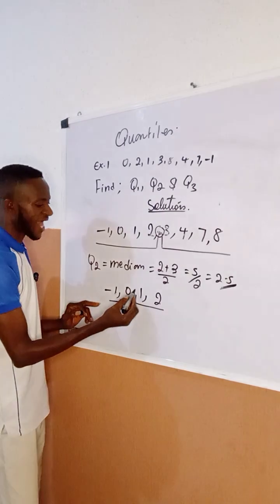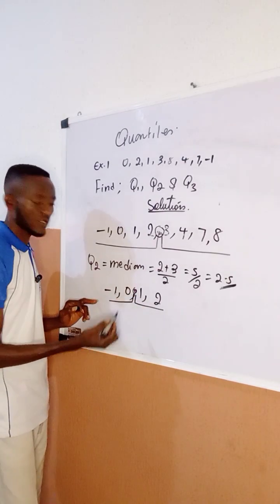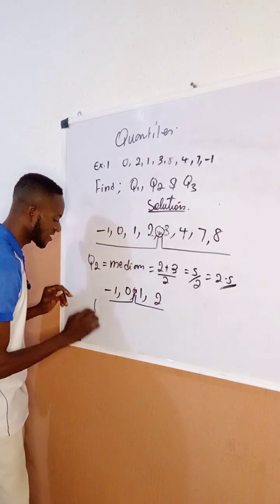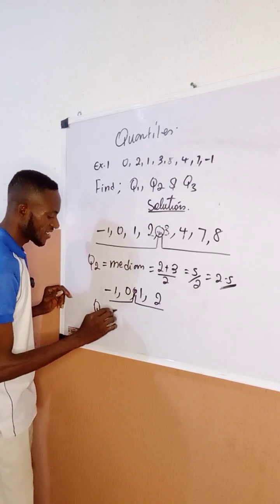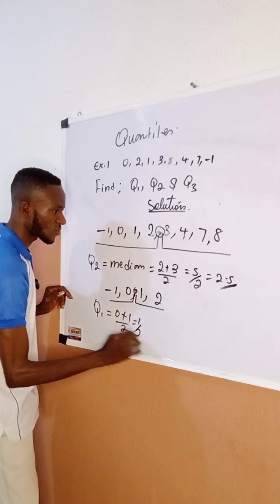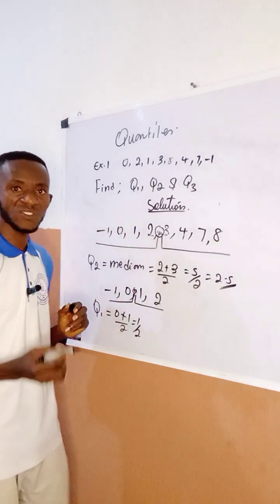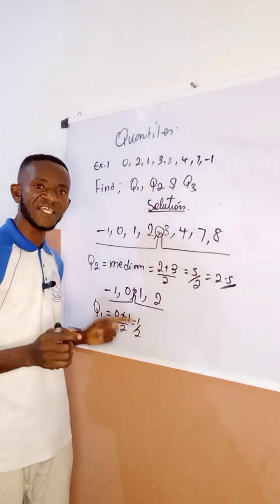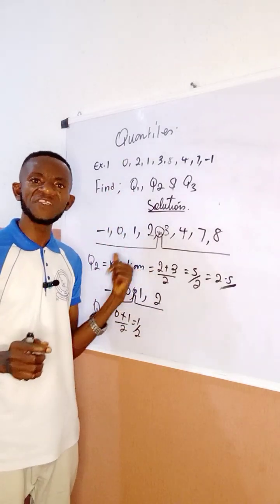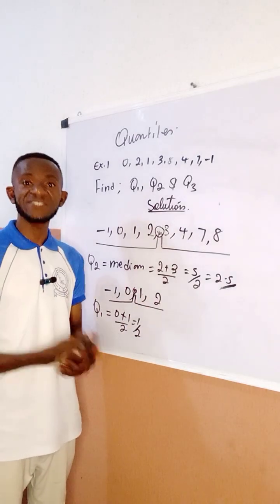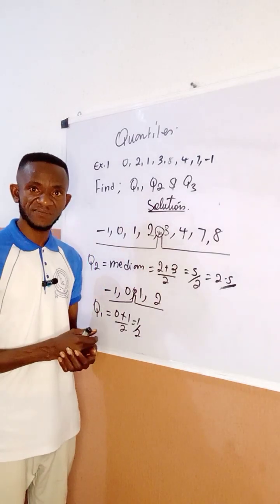And because the center lies here and there is no observation here, we are going to sum these two observations and divide by 2. So we now say, therefore, that my Q1 is given as 0 plus 1 all over 2, which is 1 over 2, which is, of course, 0.5. And what we are trying to say is that 1/4 of the distribution lies below 1/2 of the data set.